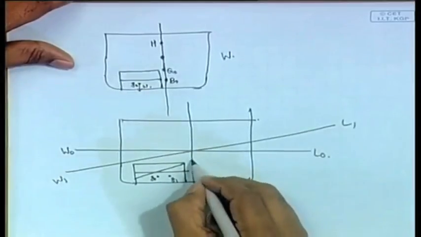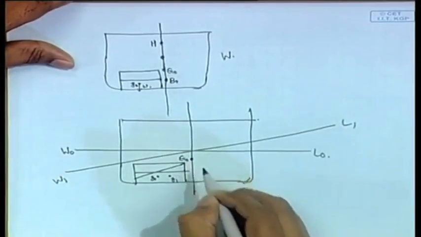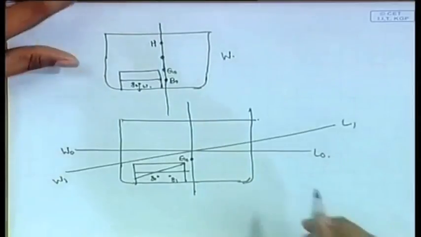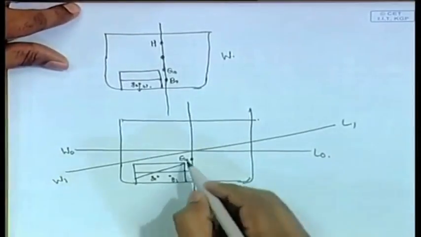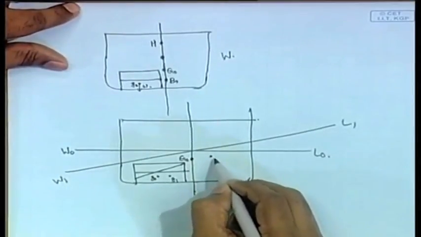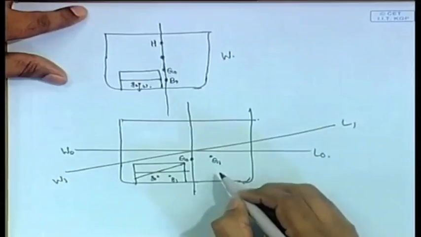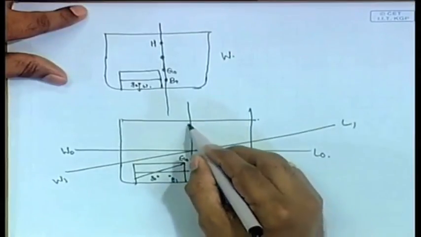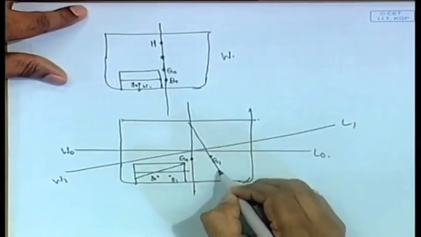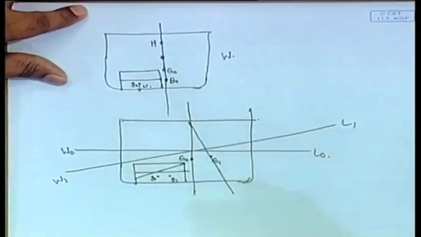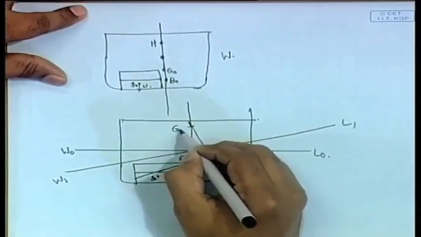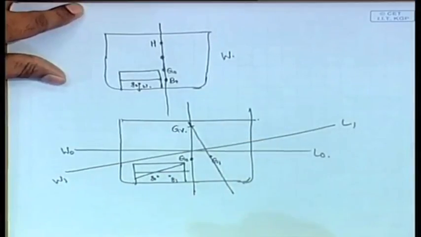Now, what has happened, let us say that capital G0 is the initial center of gravity of the whole ship. Now, because of the weight shifting, G0 will shift to here, G1, okay, and here this will be the vertical, and let this be Gv.